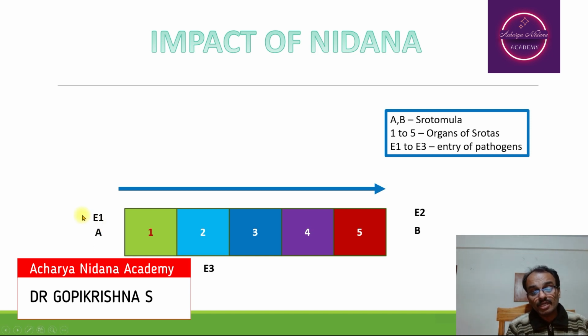Suppose the entry is through the A region; that means the initial affliction will take place in 1, then 2, then 3, then 4, then 5.